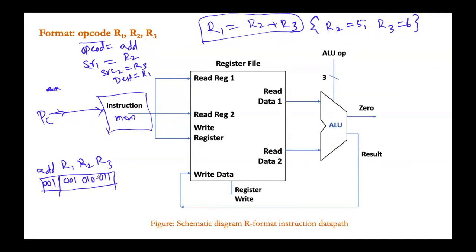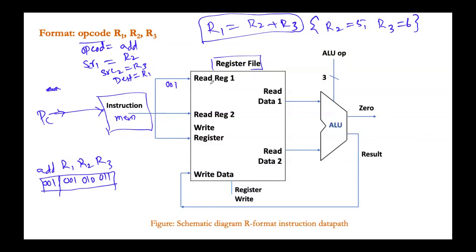In the decoding phase, the register file is there, so these three registers are identified. When this 001, the output of your instruction memory, is given as an input to your register file, by this 001 the register in the register file that will be added is identified.